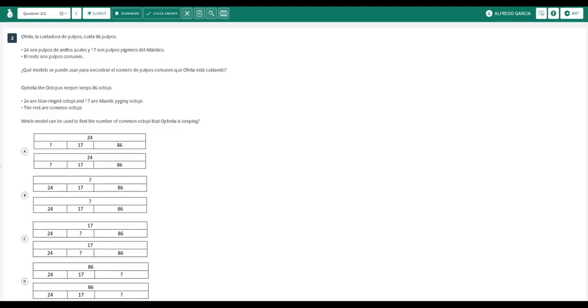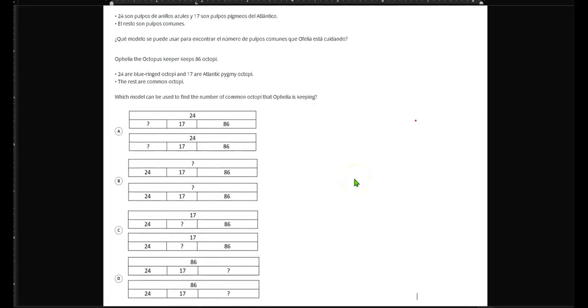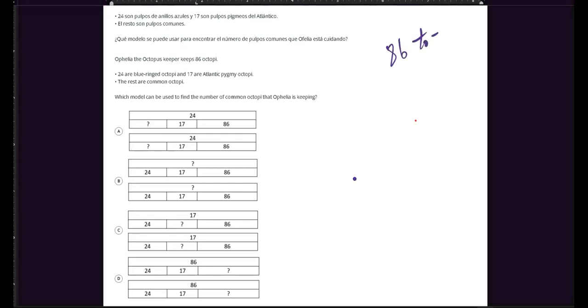So 86 would be our total. Okay, so we know 86 is our total. Then we have 24, we have 17.